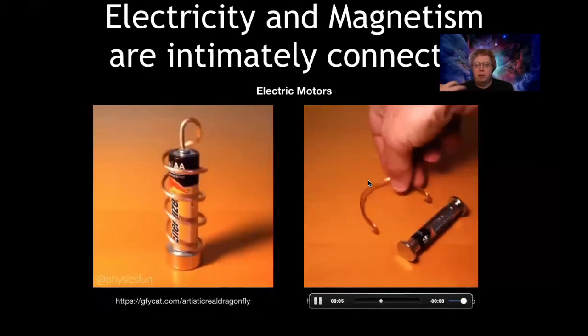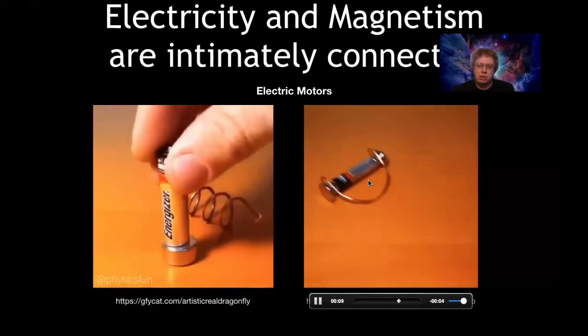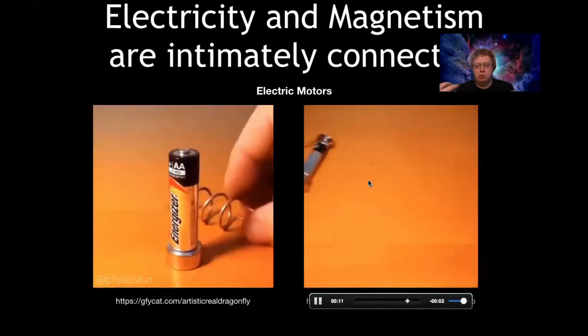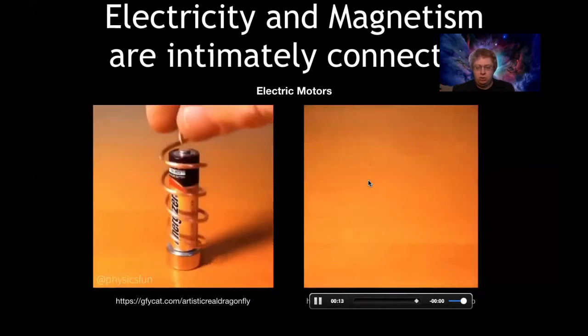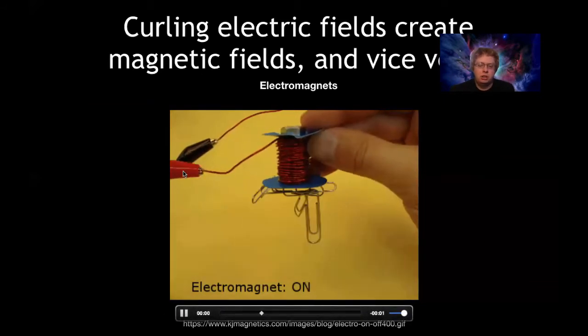So electricity and magnetism, when combined together, can apply forces in different ways than they could otherwise. And in particular, they can cause rotational forces. So the idea here is that curling electric fields create magnetic fields and vice versa. So what I'm showing here is something called an electromagnet.